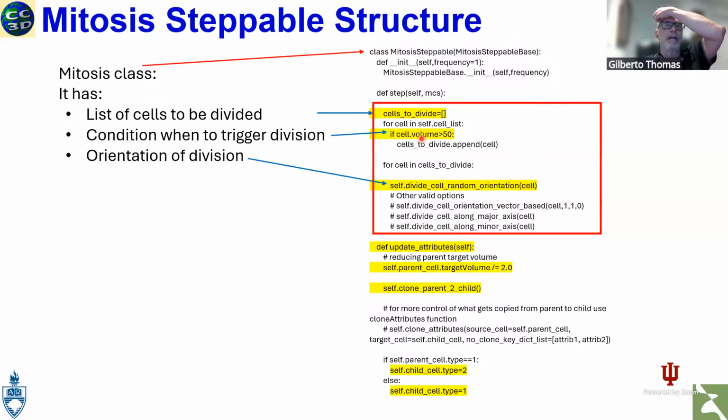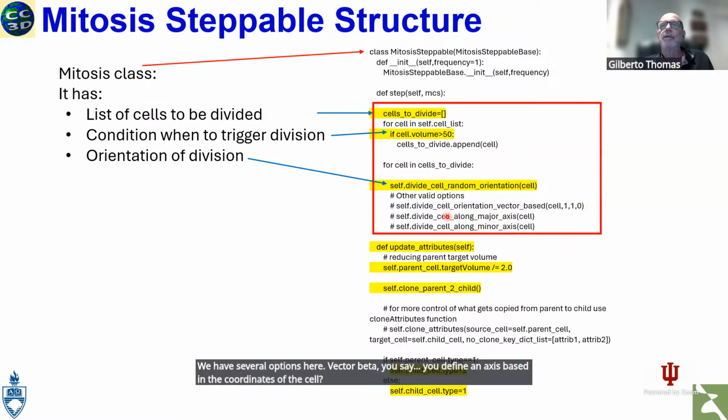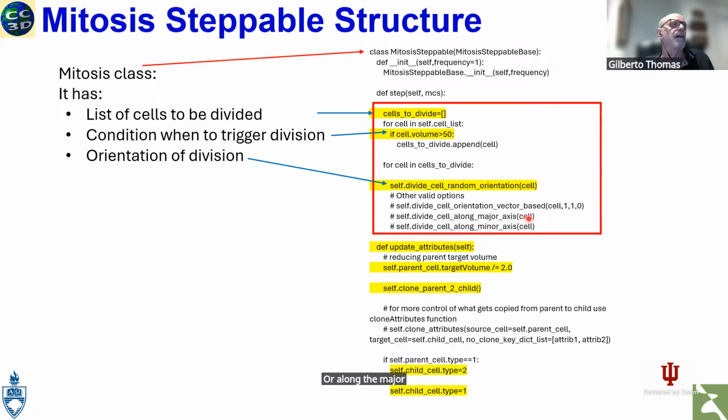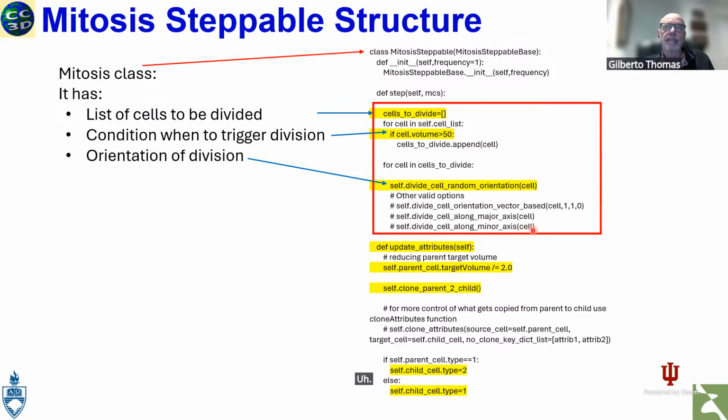Next, we have to decide what kind of orientation we want to divide the cell. We have several options here. You can define an axis based on coordinates of the cell, or along the major axis of the cell, and for that you're going to need to use the center of mass plugin, or the minor axis of the cell.